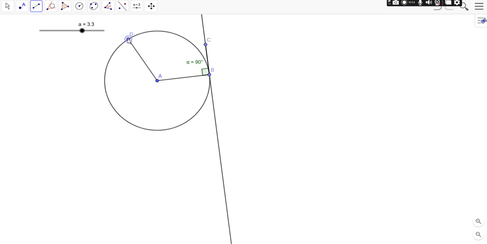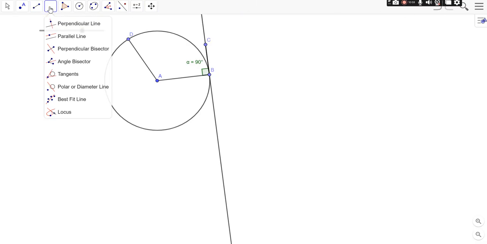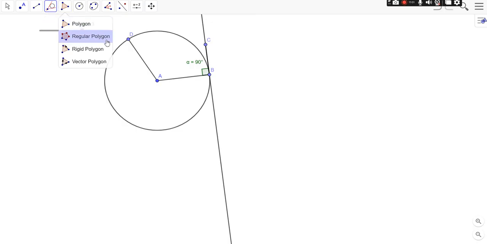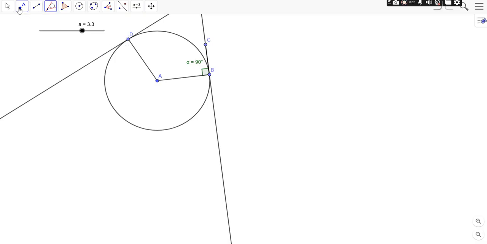If I draw the tangent at point D, right, and measure this angle, it would be 90 degrees. So let's again measure this angle, angle EDA. This again measures 90 degrees.